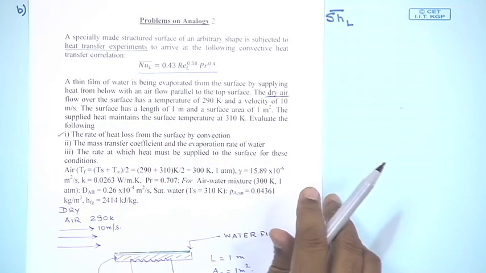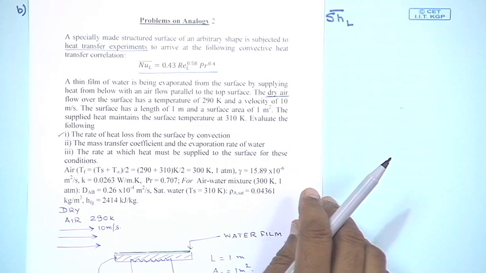What I mean by interchangeable is that the heat transfer relation which has been obtained can simply be used as the mass transfer relation, provided we change the Nusselt number to Sherwood number. Reynolds number will appear in both the relations and the Prandtl number is going to be replaced by the corresponding number in mass transfer, which is Schmidt number.